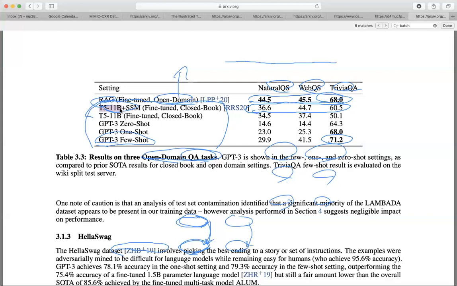It is outperforming that on Trivia QA. Of course, other models, other data sets, not so much, but still, on Trivia QA, it is outperforming even the state-of-the-art actively using Google search engine. So again, it's just mind-blowing how GPT-3 can do that.